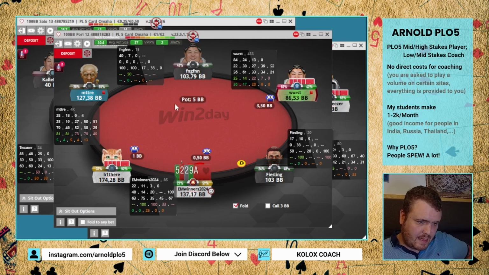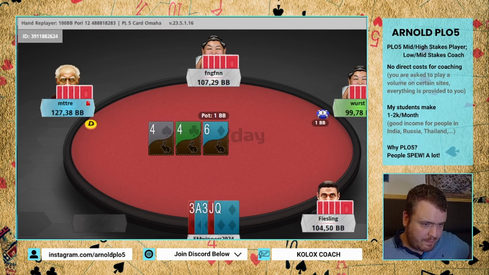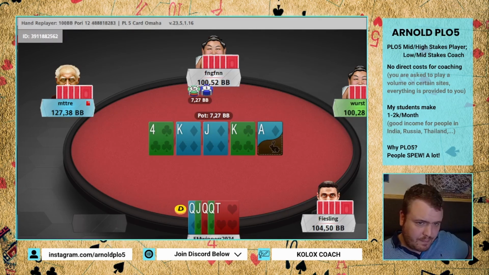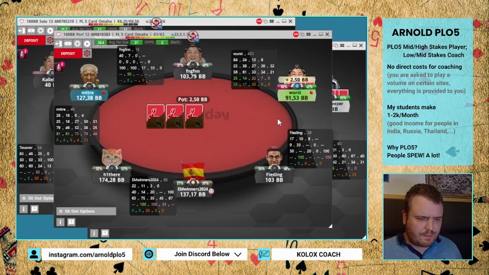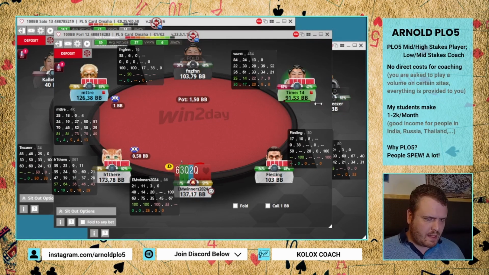Was a high probability that he has an overpair or a flush draw. I didn't block the flush draws too much. There's some probability that he has a 3, but I don't think he goes for the bluff catch with a hand like jacks.